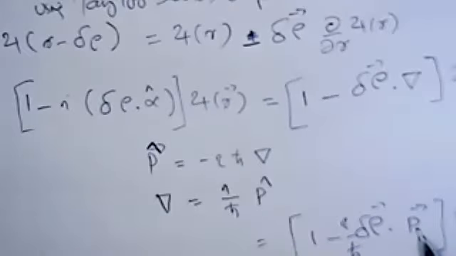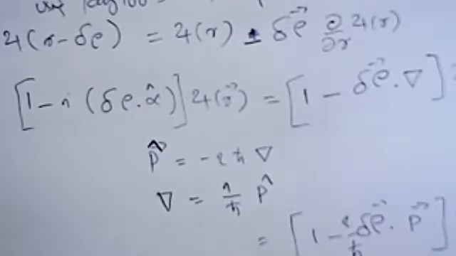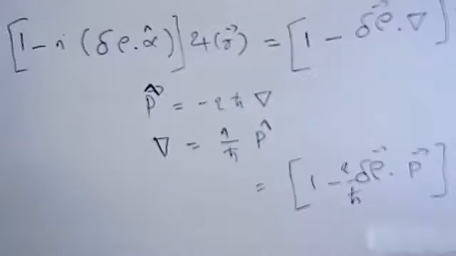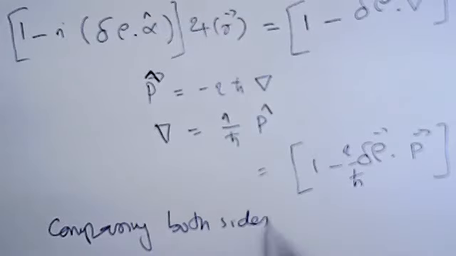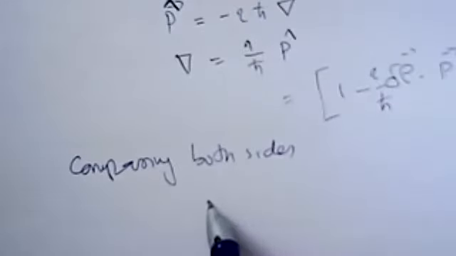Alpha is P by h cross. Okay. So comparing both the sides, we can write alpha operator as P by h cross.